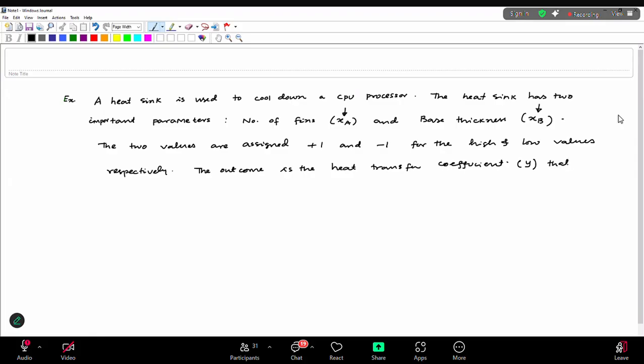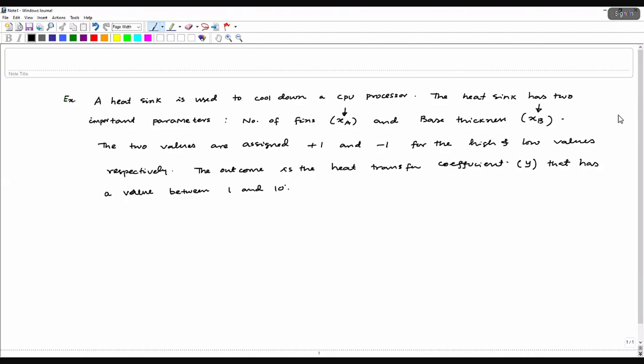and that has a value between 1 and 10, 1 being the worst and 10 being the best.